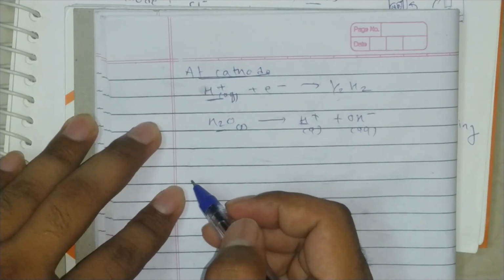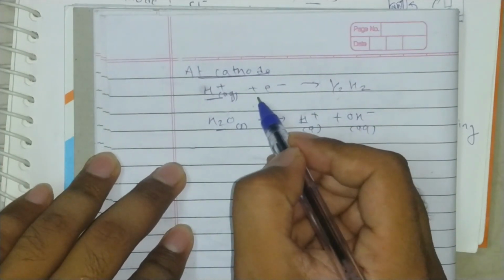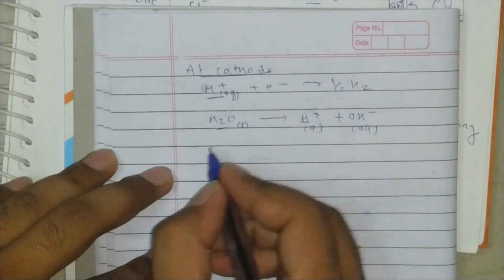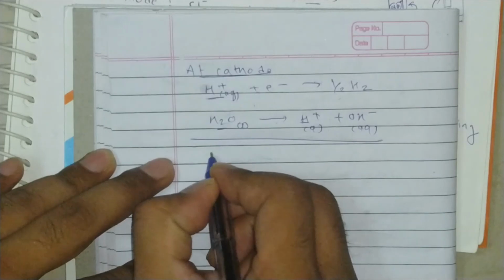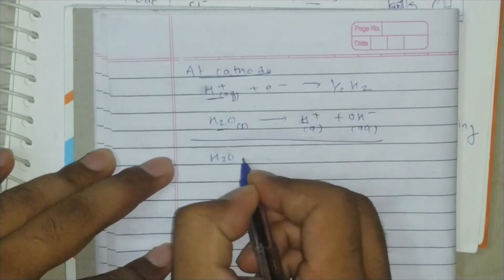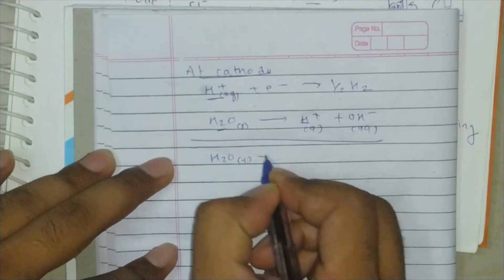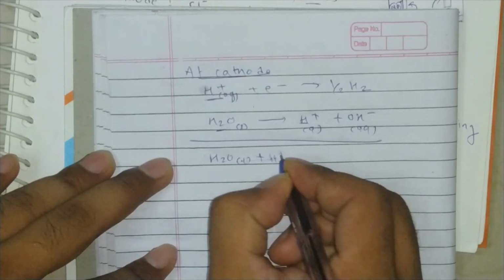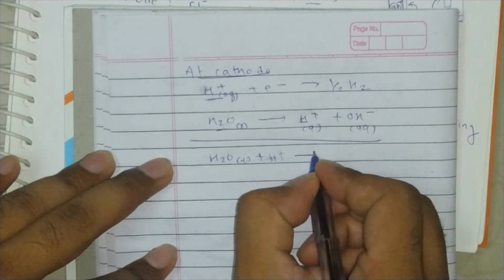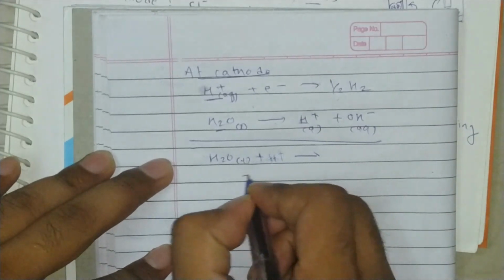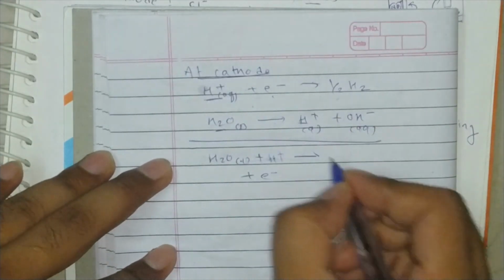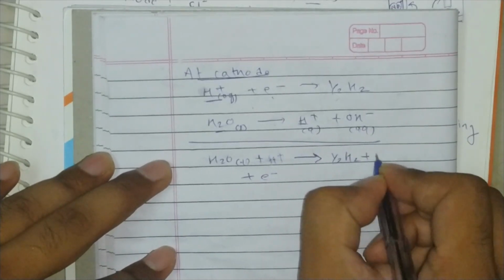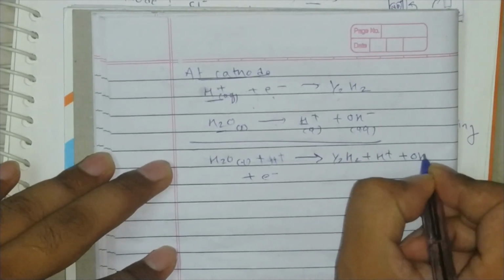So if we combine these two reactions, first and this second, what we get is actually H2O plus H plus ion plus electron gives half of H2 plus H plus ion plus OH minus ion.